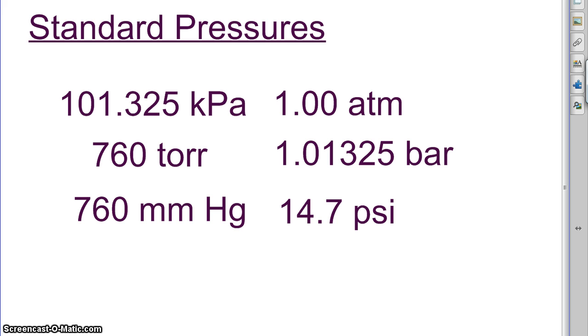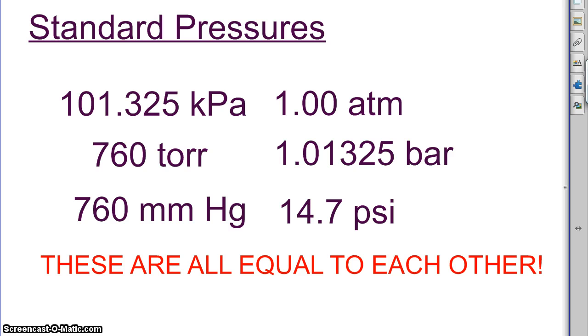PSI, pounds per square inch, is 14.7 as the standard pressure. And notice that these are all values that are equal to one another. 14.7 psi is equal to an atmosphere, is equal to 760 millimeters of mercury, is equal to 101.325 kilopascals, etc. And so we can use these as conversion factors.